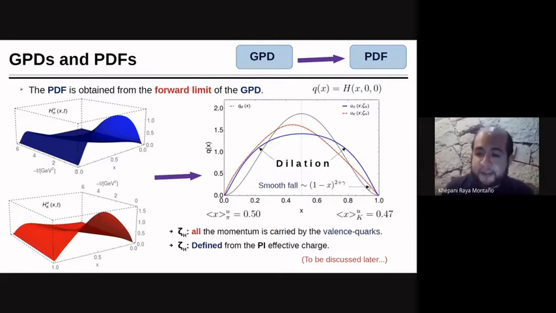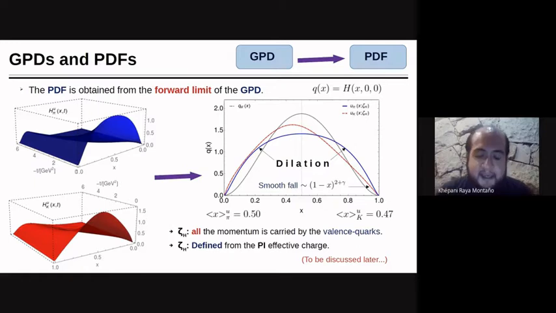Again, we have the smooth fall at the endpoints, but with the proper power law, namely a 2 instead of a 1 as in the PDA. Just to compare the momentum fraction carried by the U-quark in the pion, because we are working in the isospin symmetric limit, this is exactly 50%, but for the kaon we have 47%.